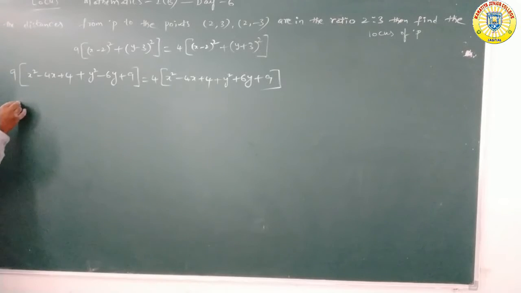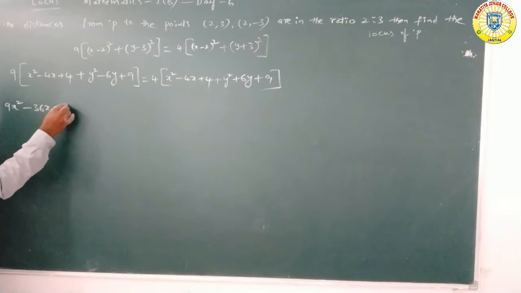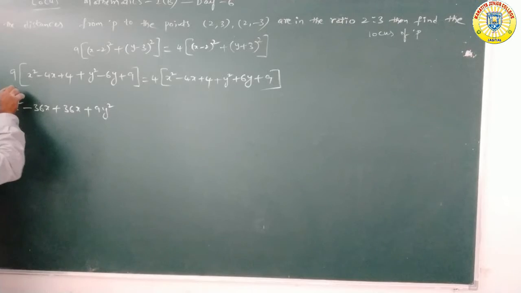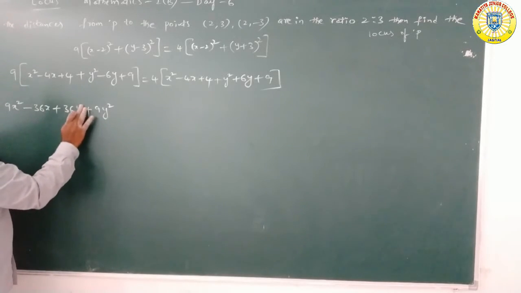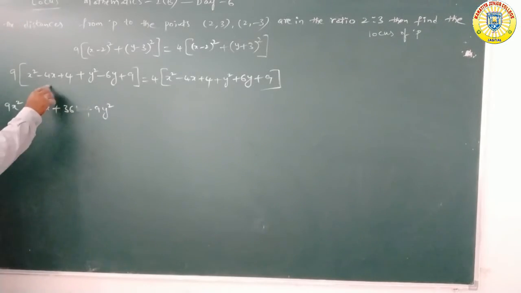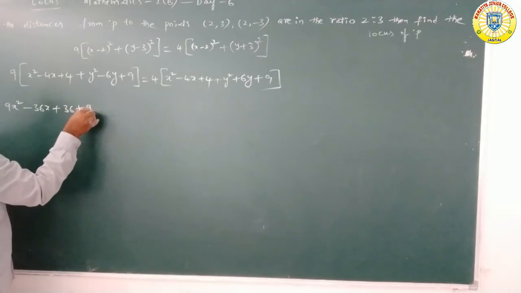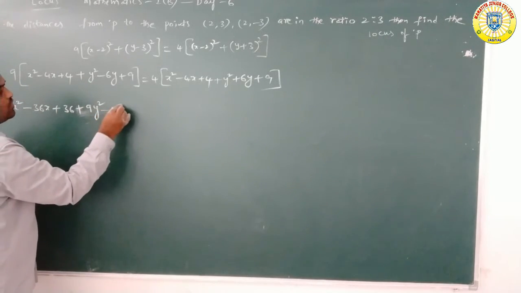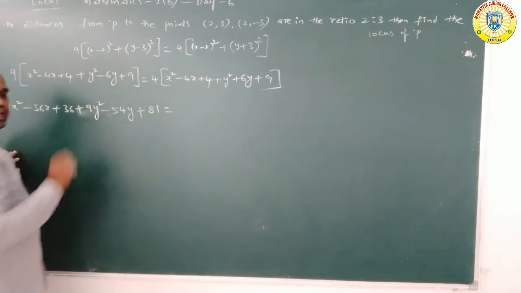9 into x square, 9x square; 9 into minus 4x, minus 36x; 9 into 4, 36; plus 9 into y square, 9y square; 9 into minus 6y, minus 54y; 9 into 9, 81.